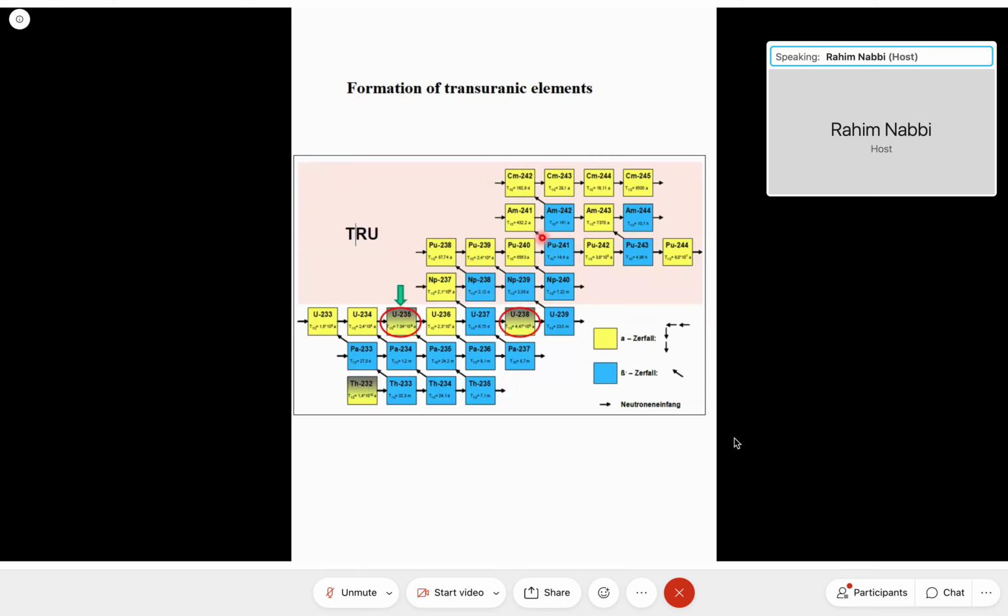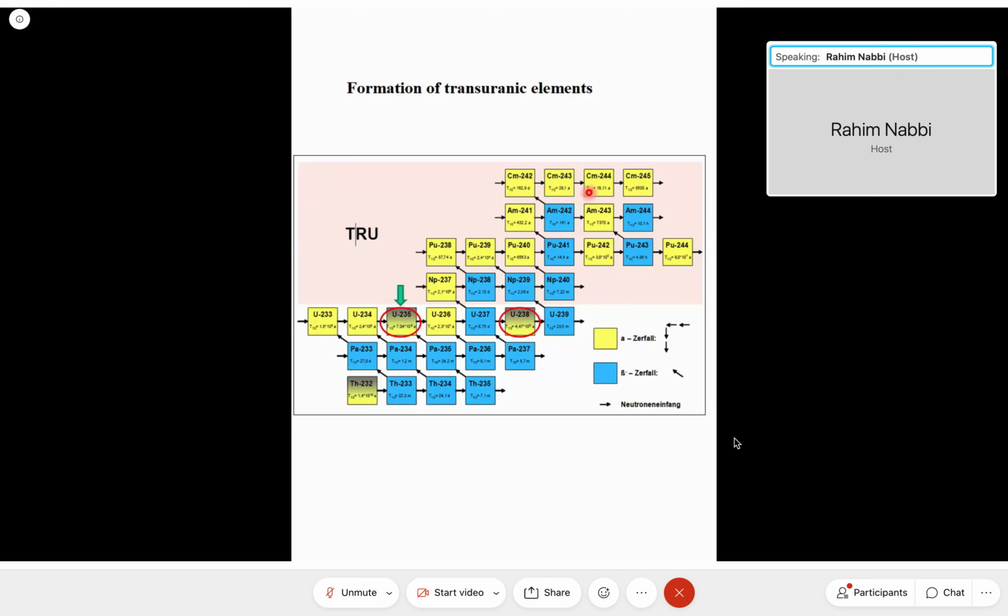As a beta emitter, it goes to americium-241, which is a minor actinide, an alpha emitter with something like 430 years half-life. It goes to americium-242, a beta emitter, which decays to curium-242, which is short-term, 162 days, and it absorbs a neutron and goes to curium-243 as a minor actinide with 280 years half-life.